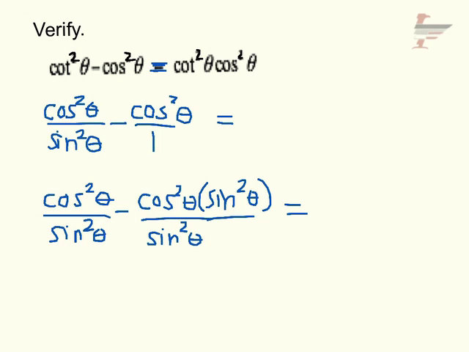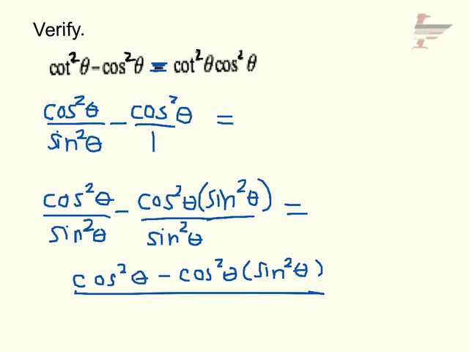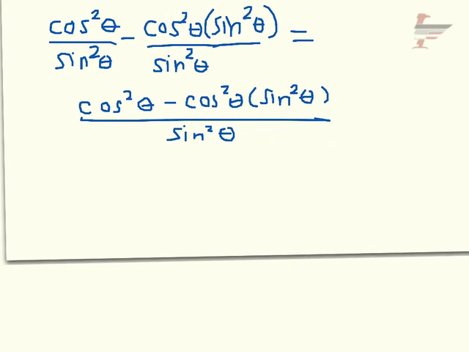Then I can combine my numerators, so I really have cosine squared minus cosine squared times sine squared all over sine squared. And I don't know if you see up here, but I can factor out a cosine squared from both. So I'm going to do that and see what happens.